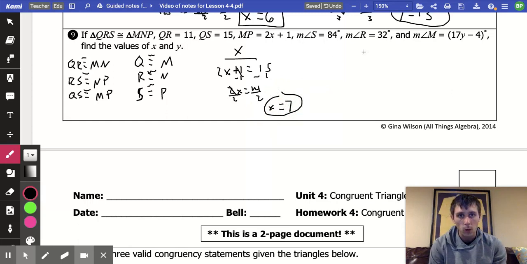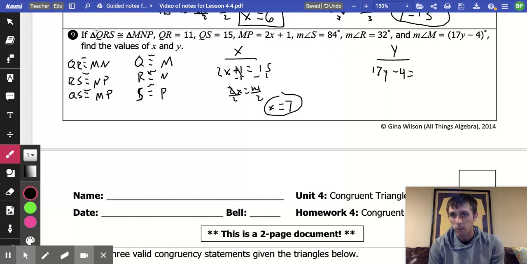And then y. y is in angle M. So 17y minus 4 equals what? Angle M is congruent to angle Q. All right? Now, do we know what angle Q is? Does it tell us? No. But they tell us R and S, right?